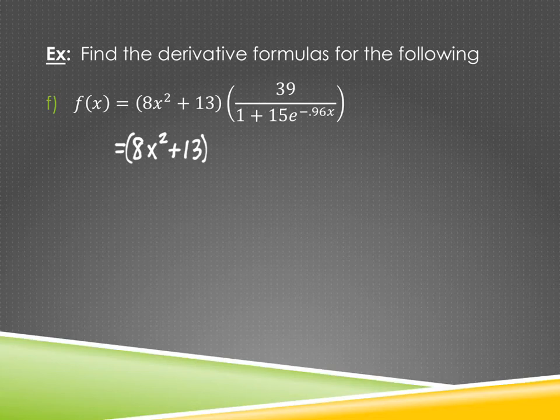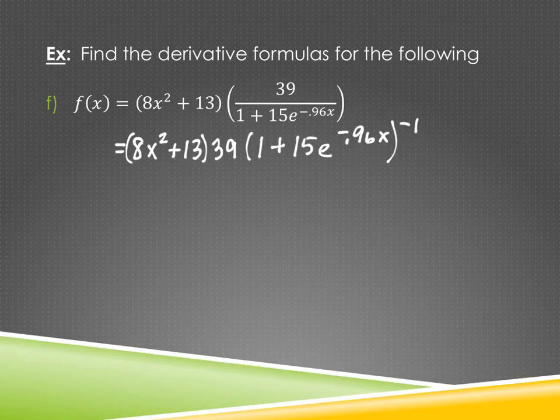I'm going to bring my 39 up or out, and then I've got the 1 plus 15e to the -0.96x all raised to the -1. Now the 39 is not raised to the -1 because it was in the numerator to start with, right? That doesn't change. There are definitely still two functions here.